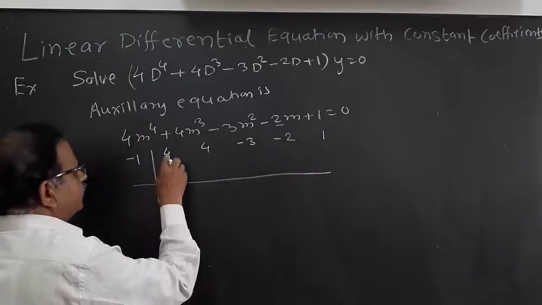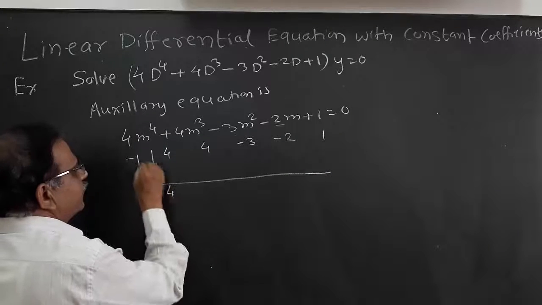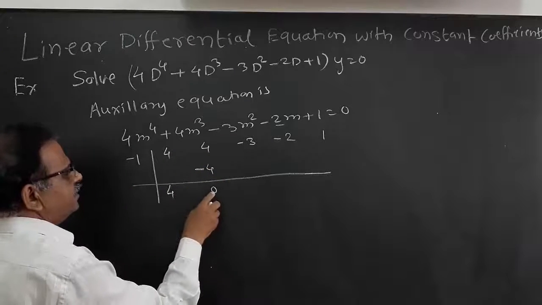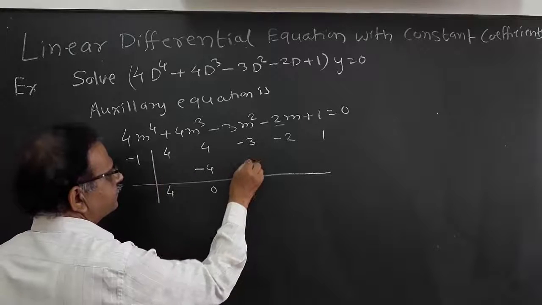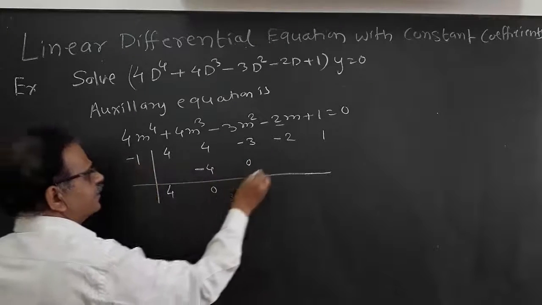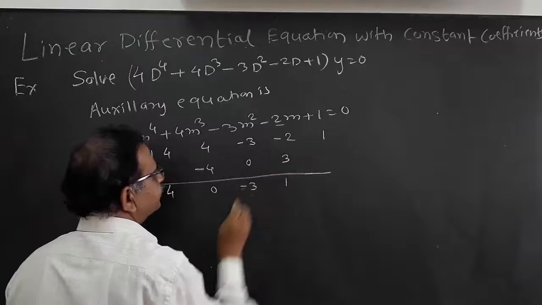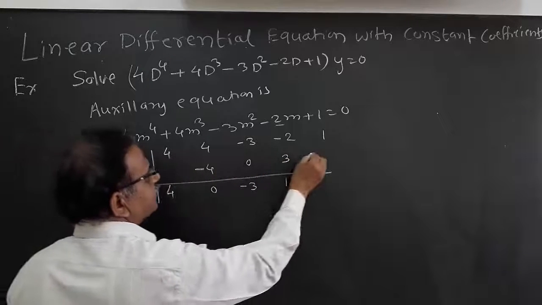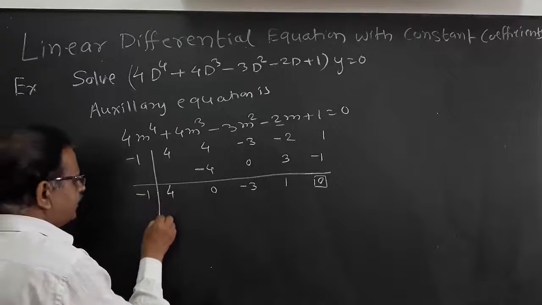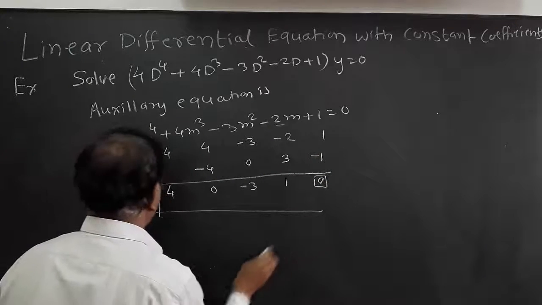Now we shall carry 4 as it is. 4 into minus 1 is minus 4. Sum is 0. 0 into minus 1 is 0. Minus 3. Minus 3 into minus 1 is plus 3. That is 1. 1 into minus 1 is minus 1. Therefore it is 0.